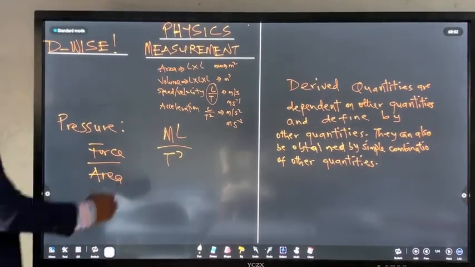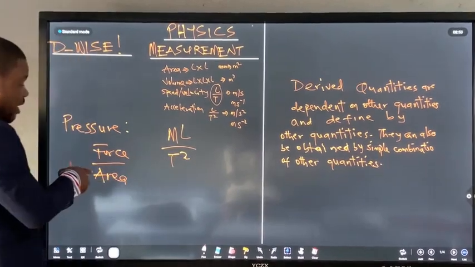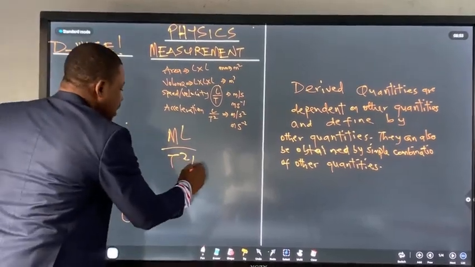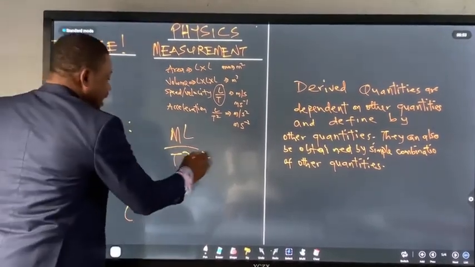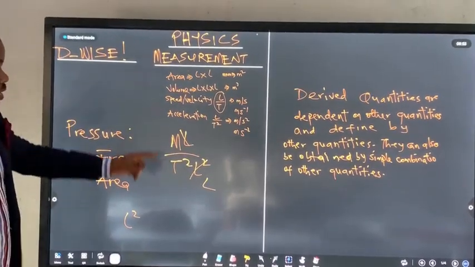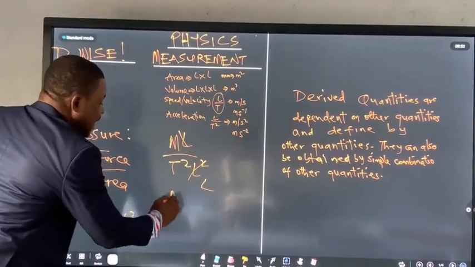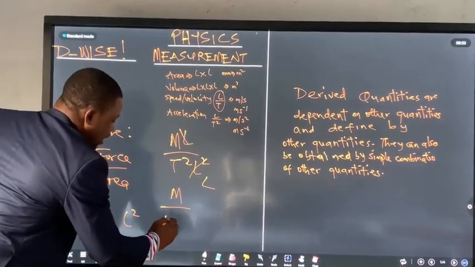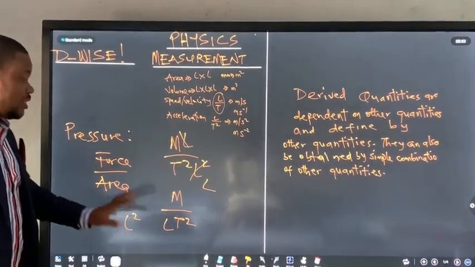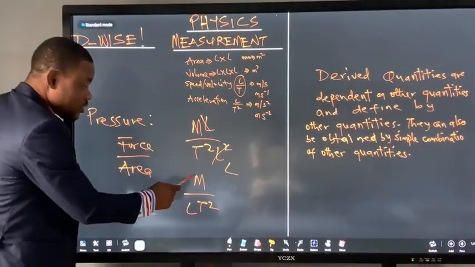So if this is force, and then area is L squared. Area has to be at the bottom. If I put L squared at the bottom, one of the L will cancel the one on top. So at the end of the day, I'll get M over L t squared. I'll have one L at the bottom. So if I'm going to write the unit of pressure, it's going to be what?